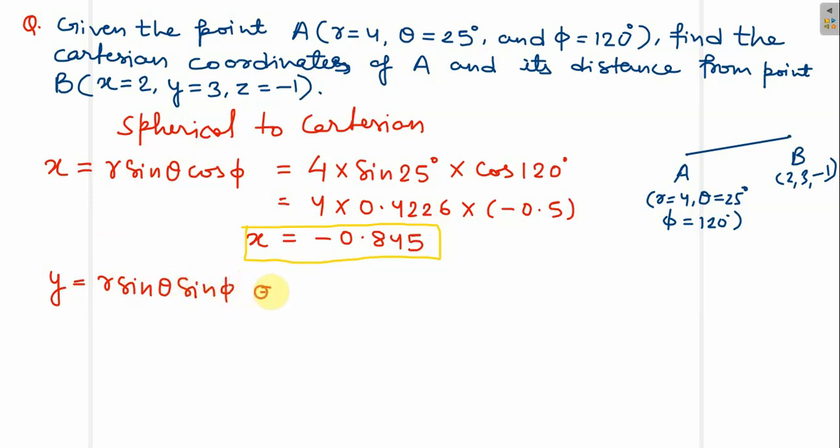Okay, so again you will put the values. So it is 4 and sine 25 degree and then sine of 120 degree.